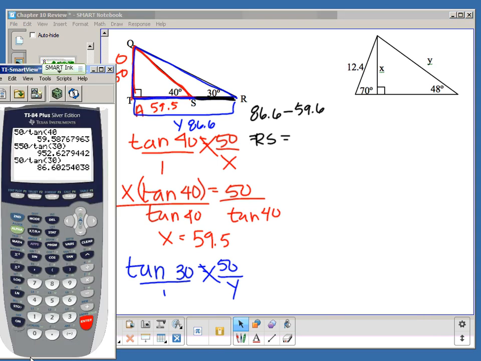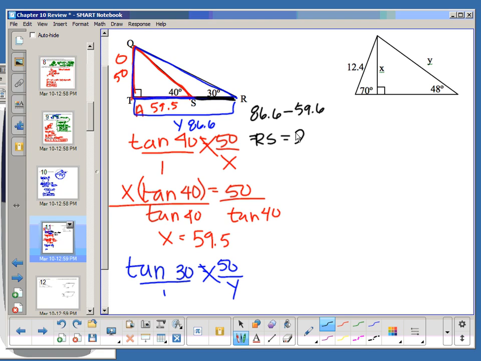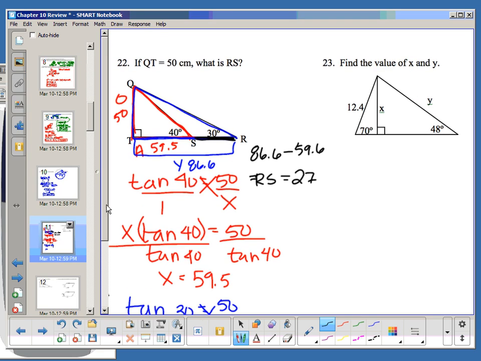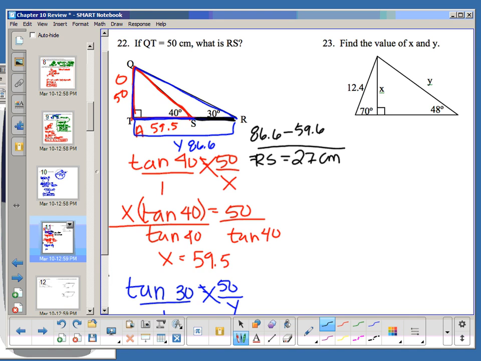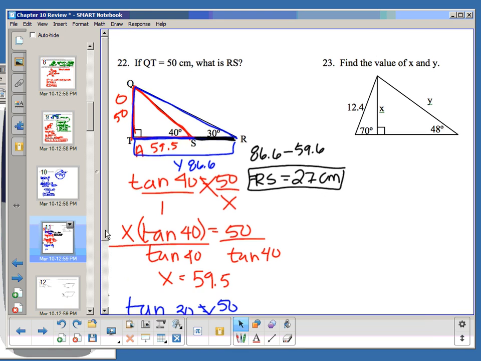Oh, if I had a brain, I could do that right now. 59.6, I should do this in my head. So that is 27, and let's see if they gave us a label at all. Centimeters. There are multiple ways to do that one, but I find that to be the easiest one, most logical. You only have to find two values and then subtract them.